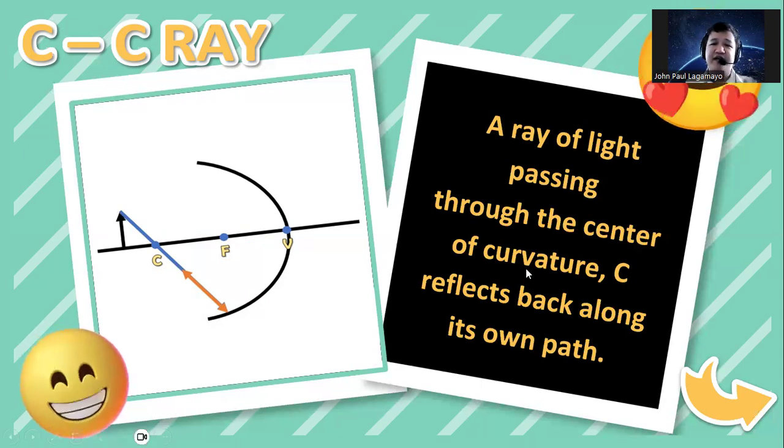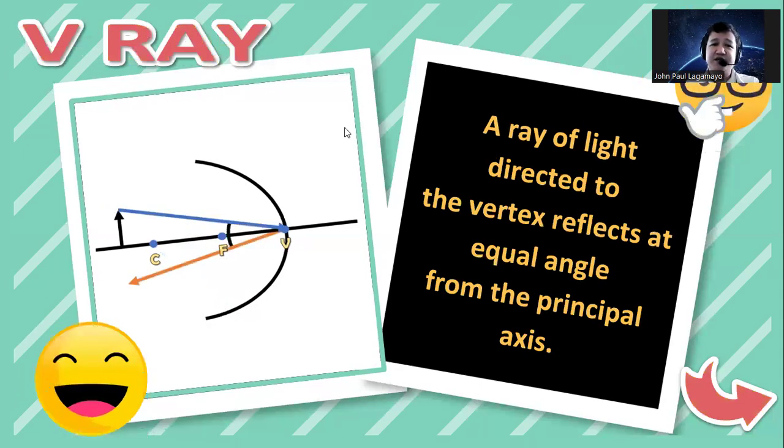And lastly, the fourth ray that we have in the concave mirror is what we call the V ray. This is a ray of light directed to the vertex, reflecting at an equal angle from the principal axis. So the angle of incidence and angle of reflection should always be equal. We can see here, this is the V, the V was hit by the incident ray and then reflected back, which is what you call the V ray.